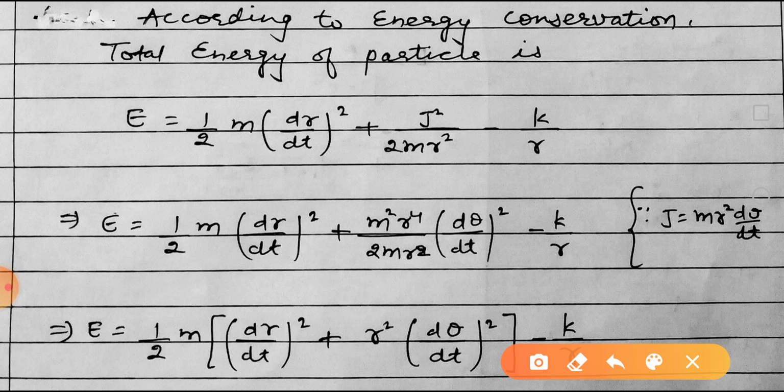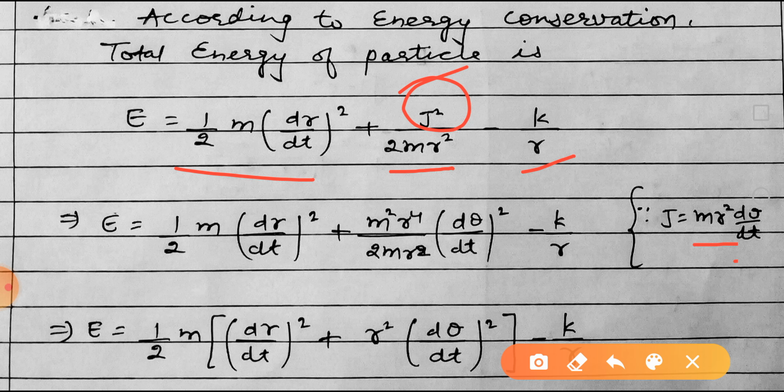Now according to energy conservation, previously we defined that the total energy of the particle is half m dr upon dt whole square plus j square upon 2m r square minus k upon r, that is kinetic energy, and this is rotational energy, and this is potential energy. And here we know that j is equal to I omega and I is m r square and omega is d theta upon dt.